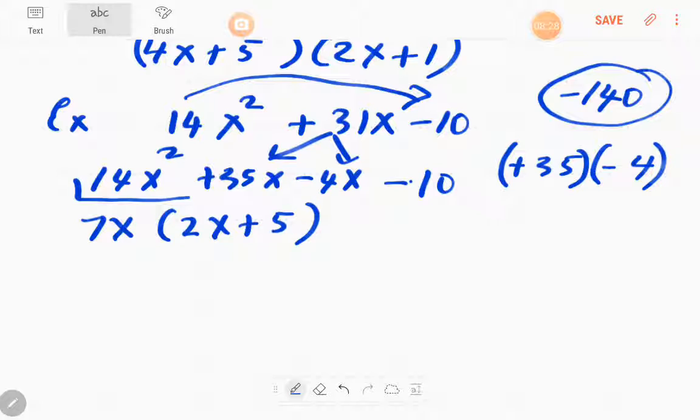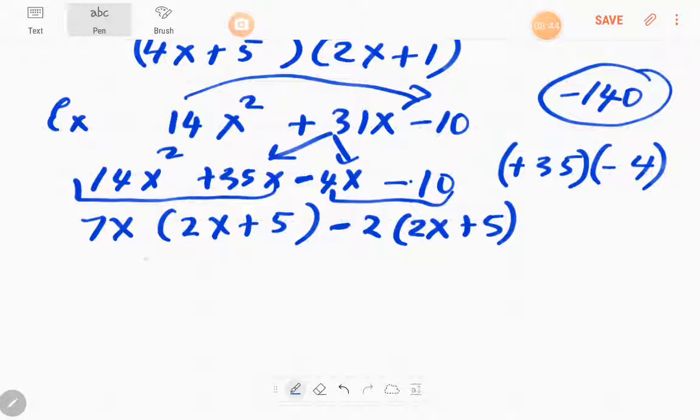That's looking at the first 2 terms. Now look at the last 2 terms. The sign here is minus, so we're going to use minus. These have 2 in common. And so we have 2x plus 5 here. So having 2x plus 5 in common, factor that out. 2x plus 5 times 7x minus 2.